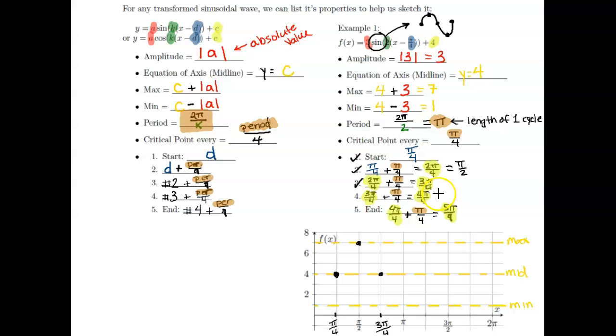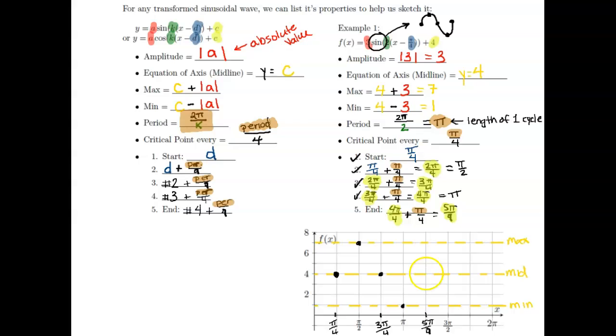My fourth critical point, when that reduces, those 4's cancel, leaving me at pi. And my fourth critical point, 1, 2, 3, 4, is down at my minimum. So pi and my minimum. And my last critical point is 5 pi over 4. So that's right here. And my last critical point, my fifth, we've done 4, 1, 2, 3, 4, 5.